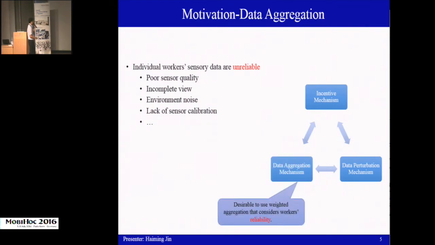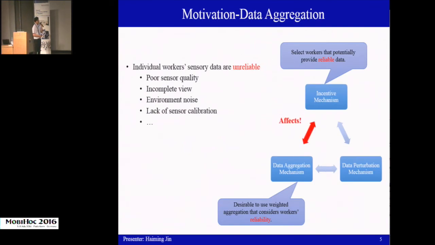In many cases, it's desirable to have a weighted data aggregation that considers workers' reliability. The incentive mechanism should also consider workers' reliability so as to select workers that can provide more reliable data. This indicates that the incentive mechanism is affected by the data aggregation mechanism.